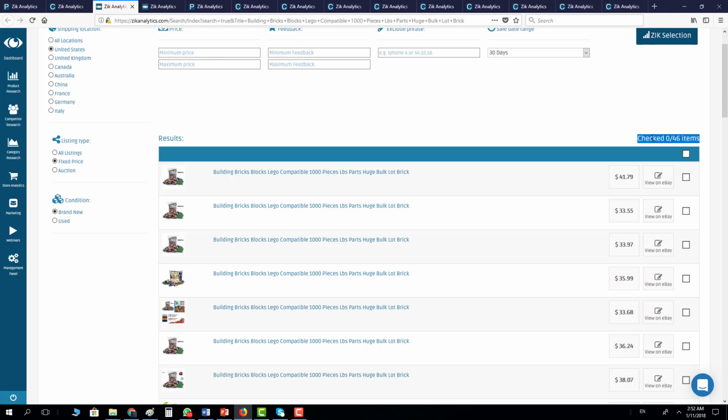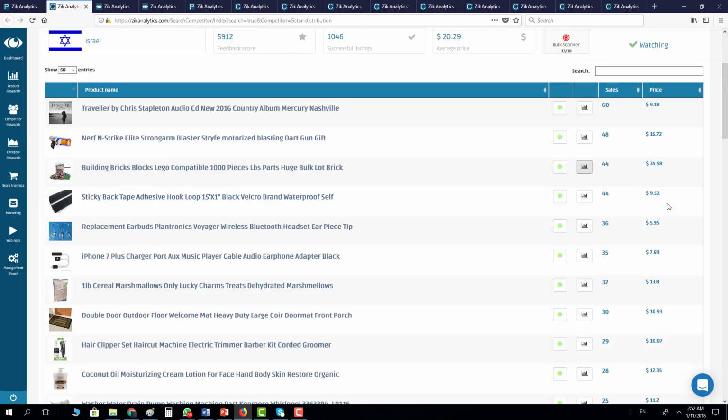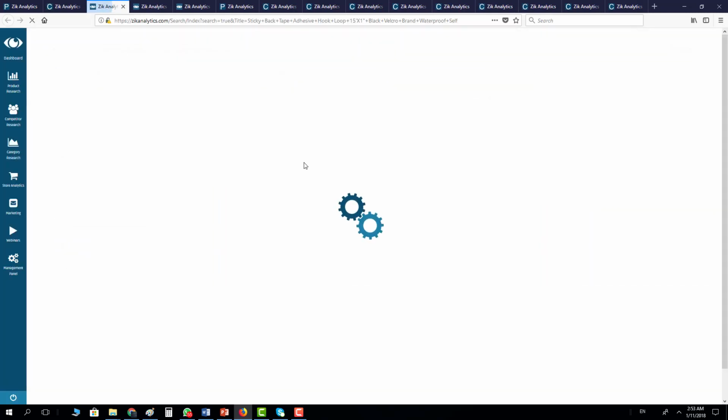Okay, so I see this number here. I'm not even going to check the statistics of this item, because 46 sellers competing with these items, for me it's too much. So let's go back here. Let's try another item. Let's see this item. It sells for $9. Usually I prefer to look for more expensive ones, but let's check this item. Let's click here.